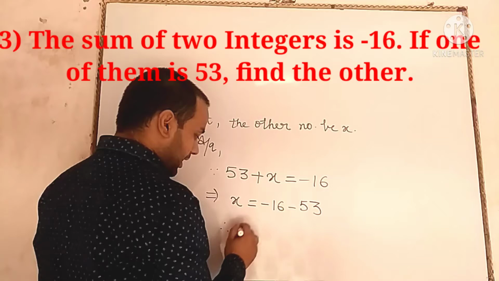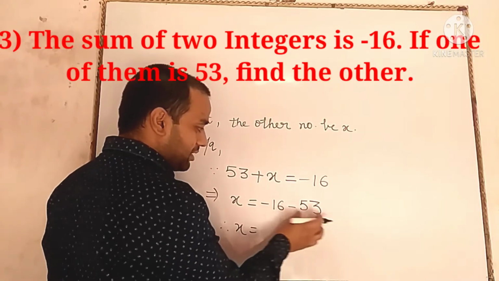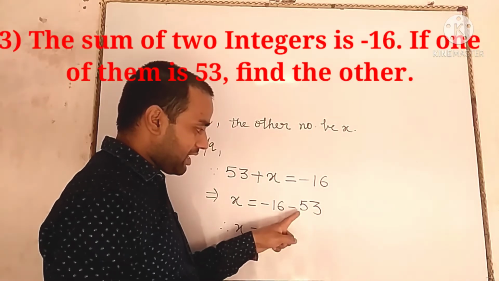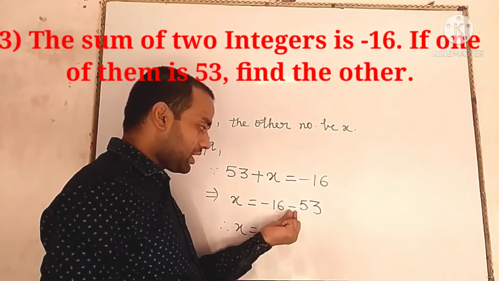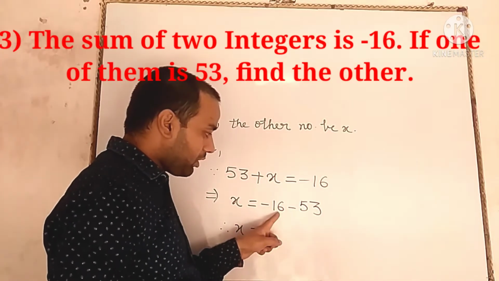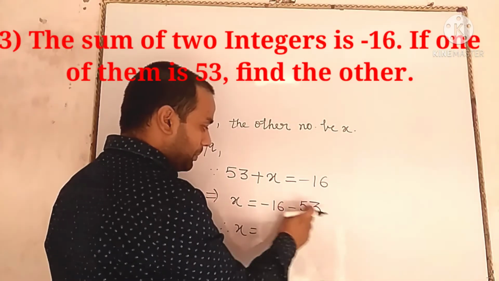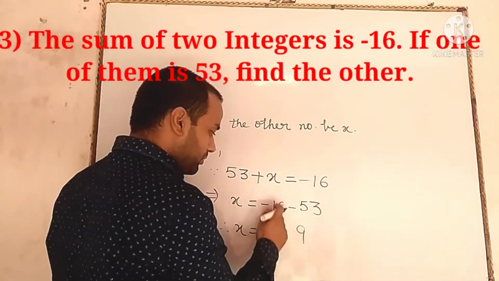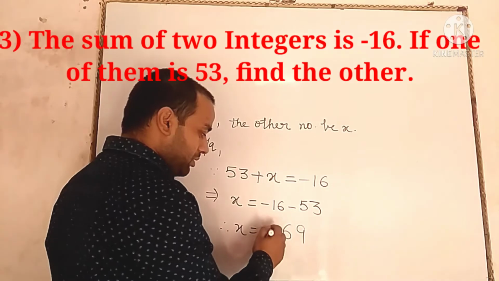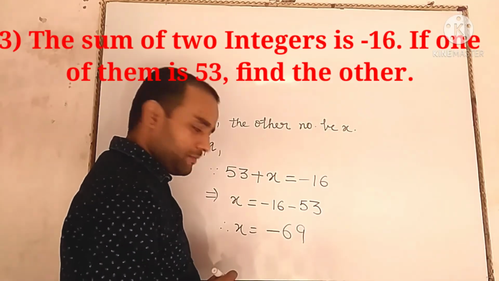So therefore x is equal to minus 16 minus 53. Both numbers have the same sign, 53 with negative sign and 16 also negative sign. So first of all they will be added. The 3 plus 6 is 9, 5 plus 1 is 6. Both have negative sign, so the answer will have negative sign.